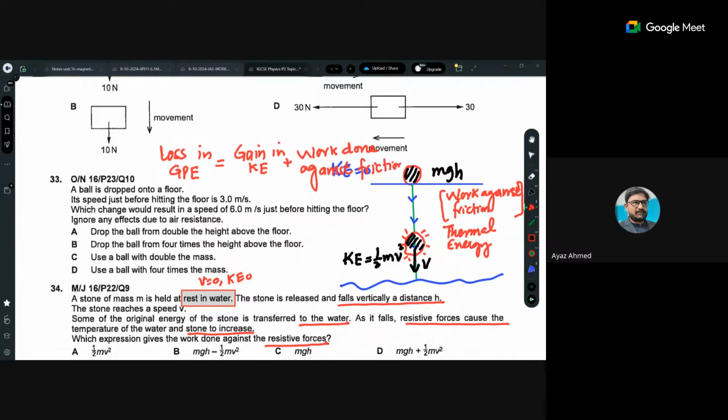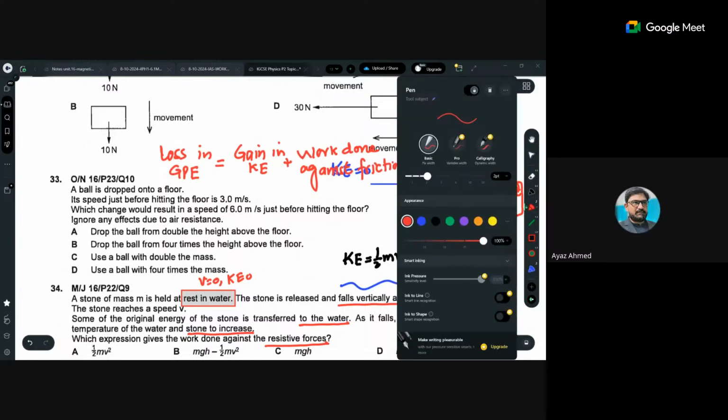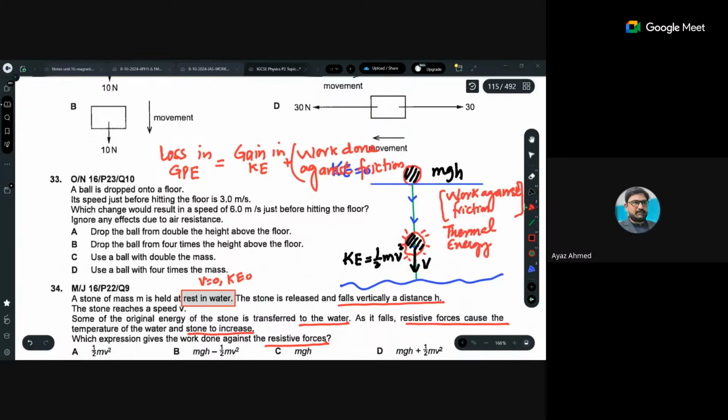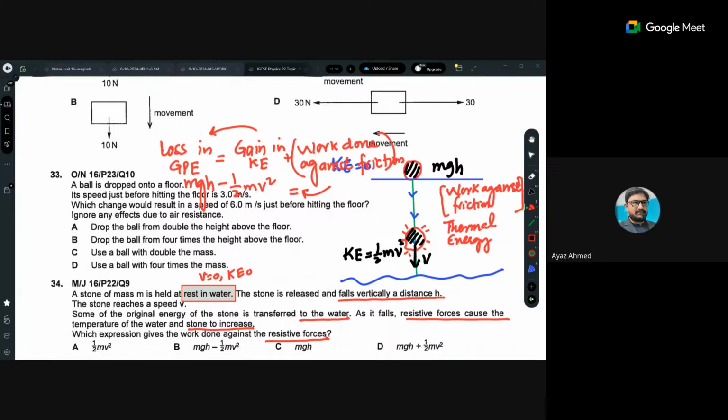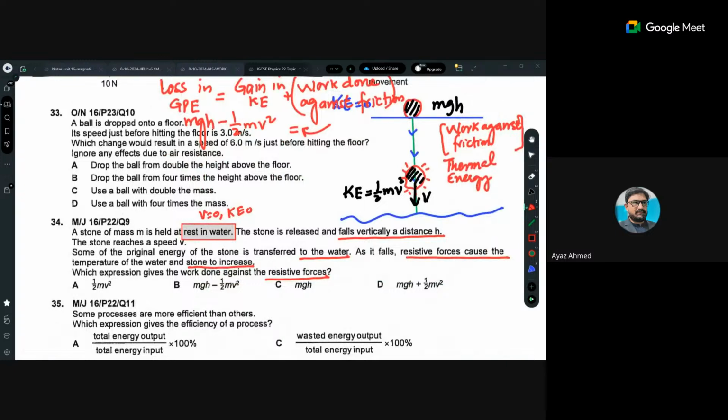Are you getting it? So work done against friction will be equal to mgh, shifted to the left side, minus 1 by 2 mv square. This is the question of the lecture.